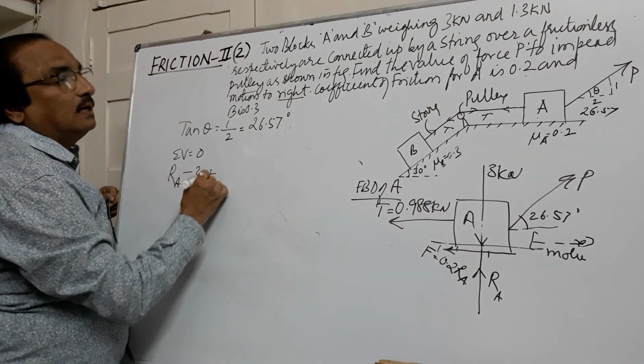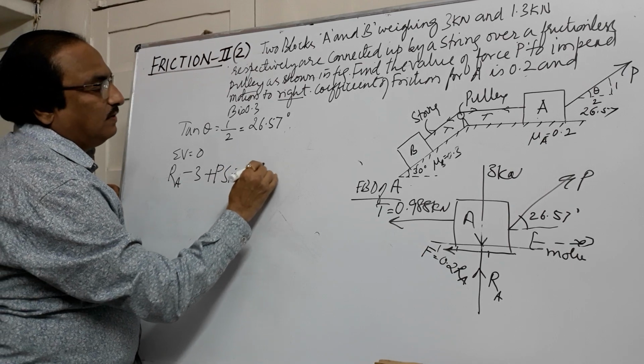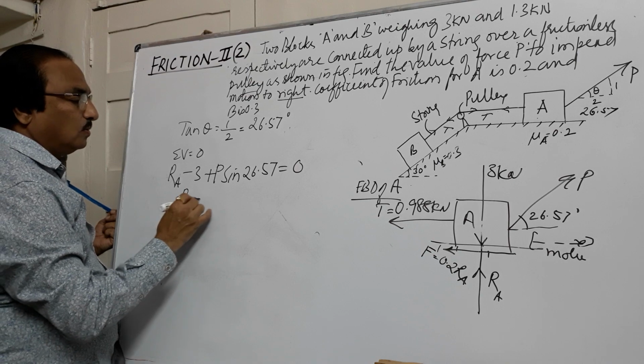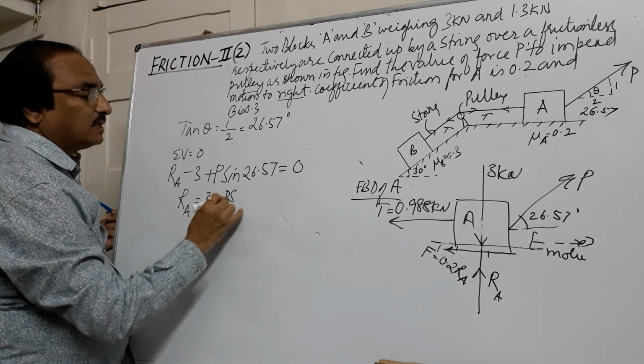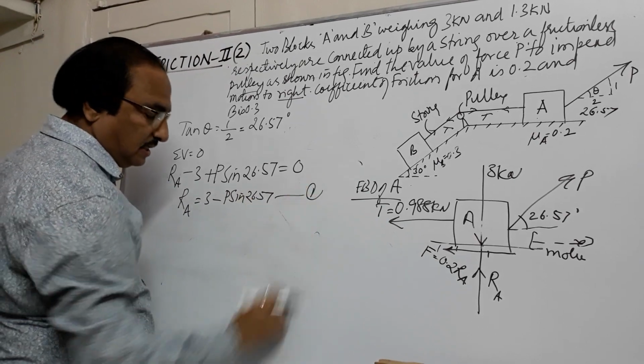So plus P sine of 26.57 is equal to 0. So RA will be equal to 3 minus P sine of 26.57. Let us call this as 1.